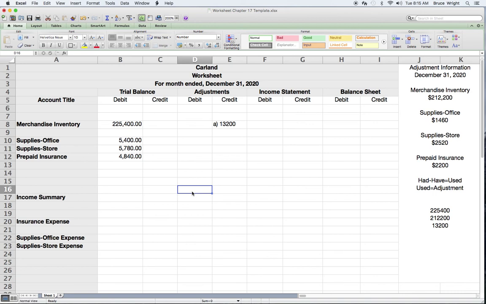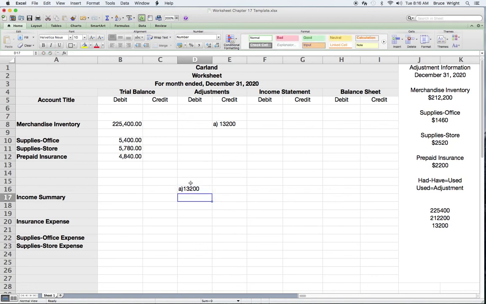The reason we use income summary is we're either going to show it as a cost, in this case, because we have less, so we actually sold more than we purchased. That's why we have a reduction in merchandise inventory. So we're going to put our 13,200 in the debit of income summary, and I'll explain this in a second.